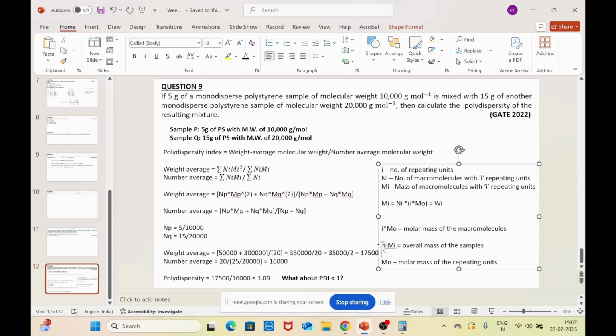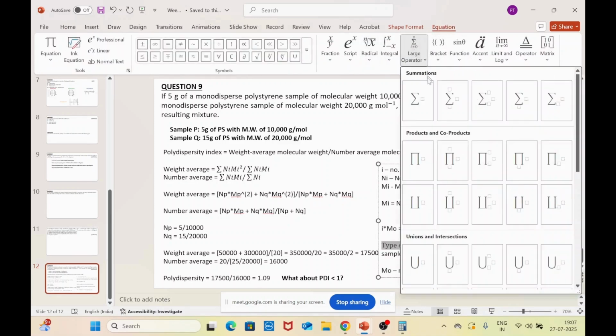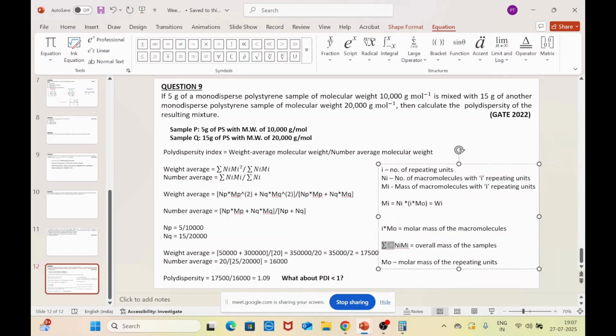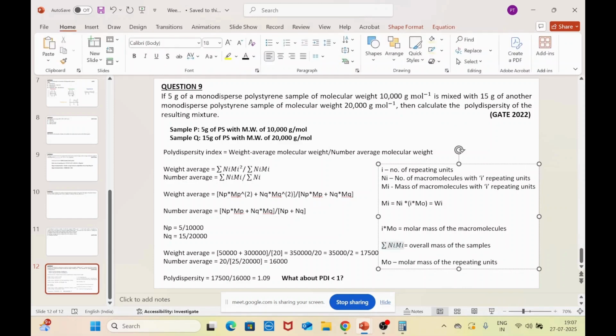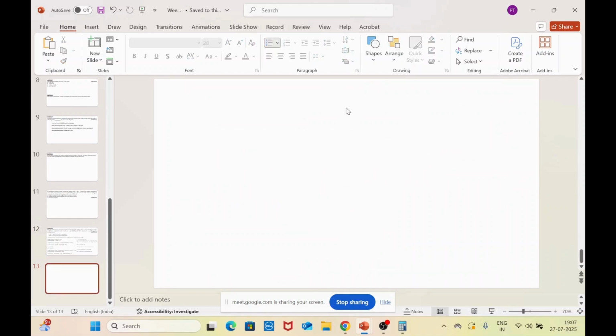Let me write that all. So under the summation sign, NiMi will be nothing but the overall mass of the sample. Or if you want, I can just quickly write it down. Is it fine, or is any doubt still there?